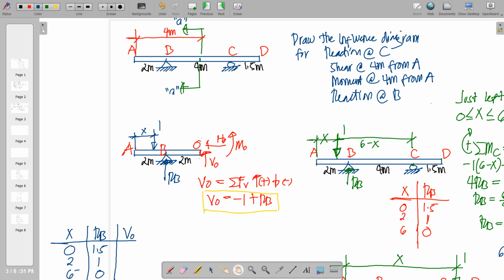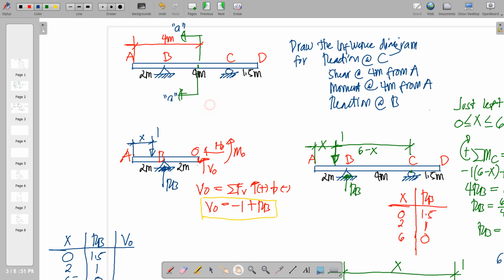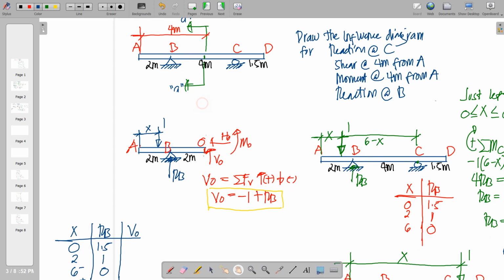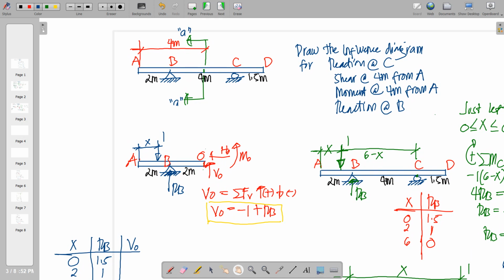Okay, because you're considering the left portion. But once this 1 exceeds your O, your VO will just be equal to RB. It will not include 1 anymore because 1 will now exceed O. Okay, so anywhere in the right portion of O does not include your 1 in your equation anymore.